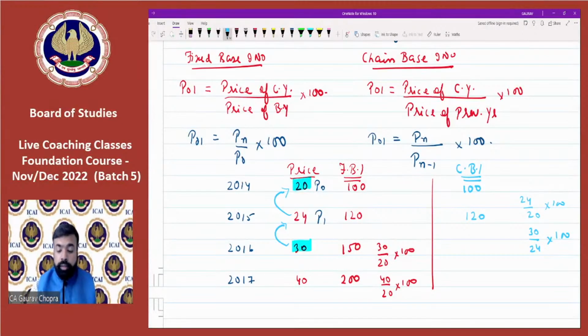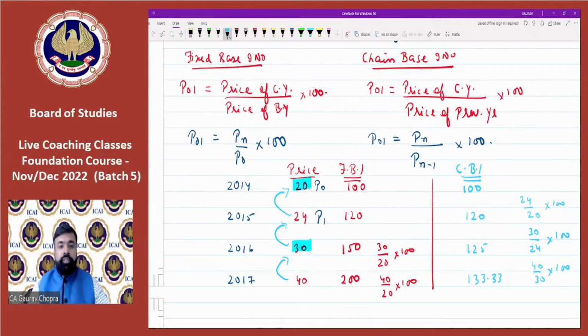So we are getting 125, and for the last year, 40 upon 30, and then multiply by 100. So 133.33. This is the chain base index number. So always in chain base, comparison is done with the previous year.